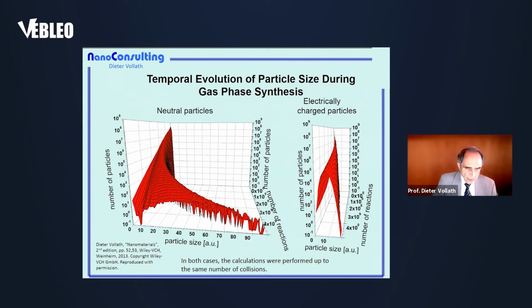One may use these results for modeling calculations, and this kind of simulation shows, for example, here on the left-hand side for neutral particles that after a certain number of reactions, when we have collisions between particles, we have a very broad particle size distribution here.